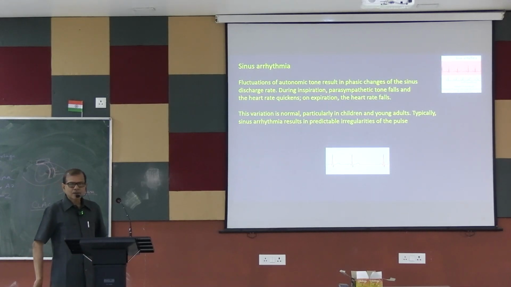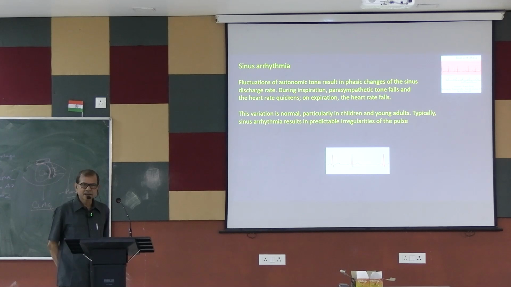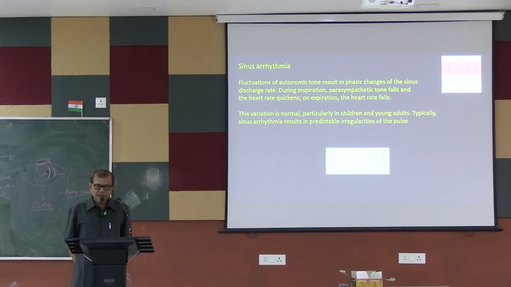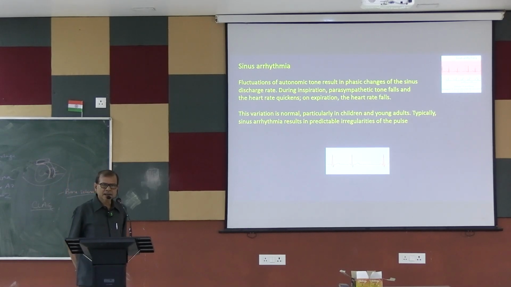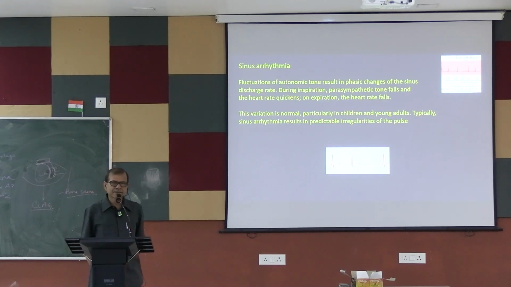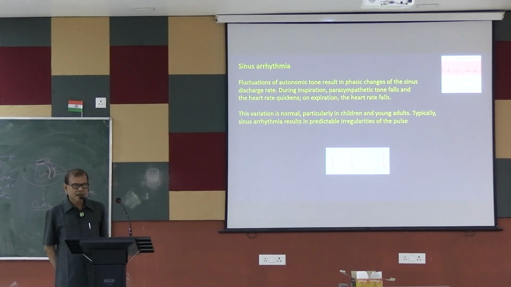Now, before going to discussion of the classical arrhythmias, I would highlight sinus arrhythmia. It is a misnomer. It is not an arrhythmia. It is a normal physiological phenomenon. The sinus node is under the influence of the autonomic nervous system, that is, the parasympathetic tone and the sympathetic tone.